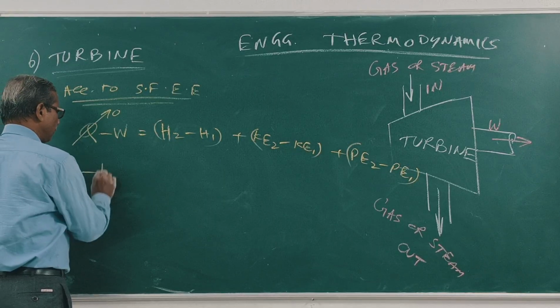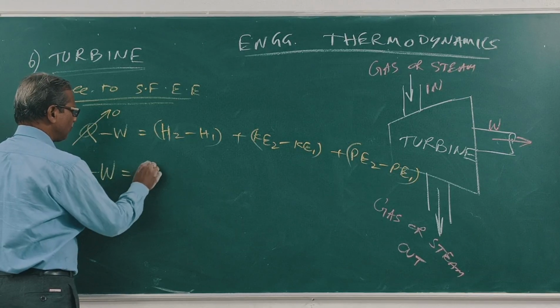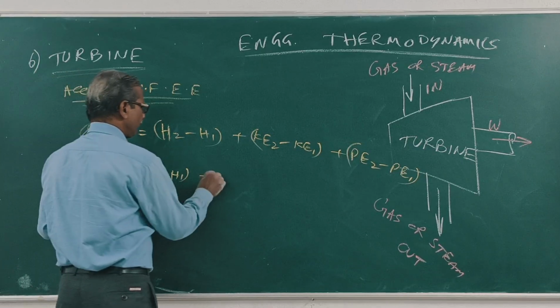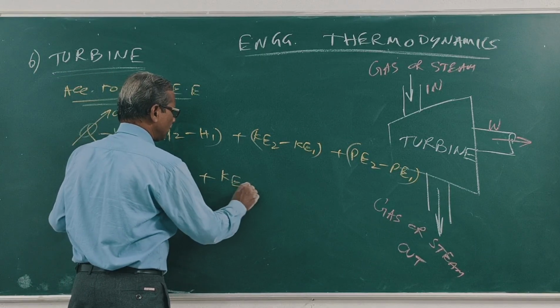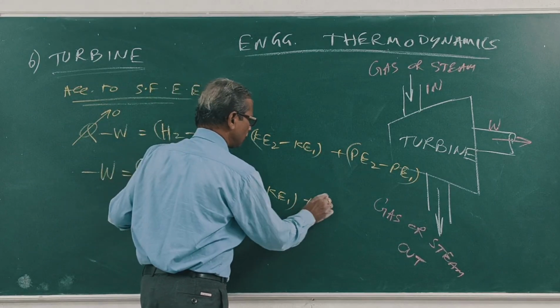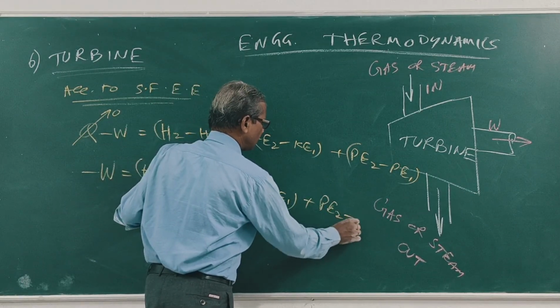So, minus W is equal to H2 minus H1 plus K2 minus K1 plus P2 minus P1.